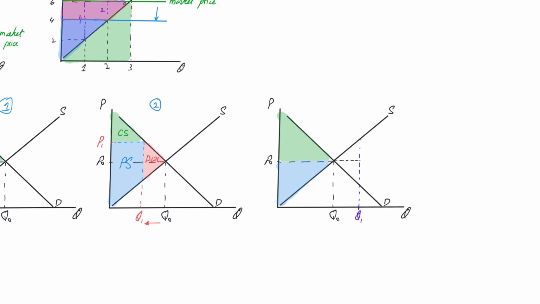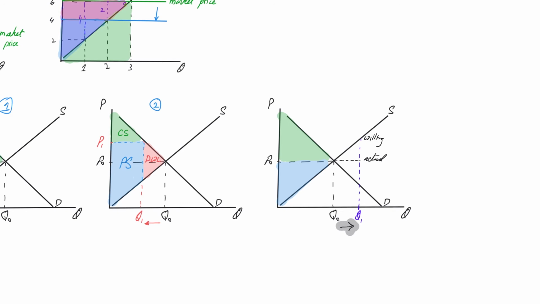But this is only till Q0. But since the markets are forced to consume more, like at Q1, so if you see over here, for Q1 quantity, producers are willing and able to charge this price. But they have to charge this price. So this is a disadvantage. Their willingness is higher than what they are actually charging.